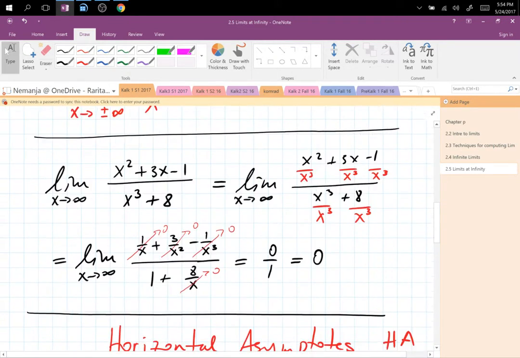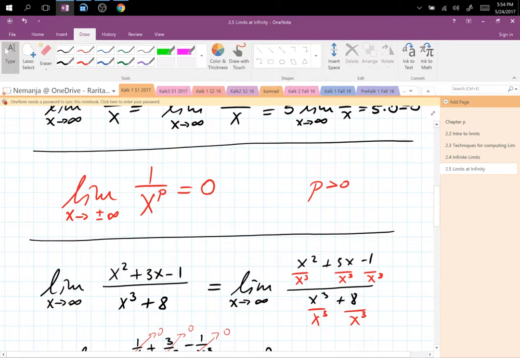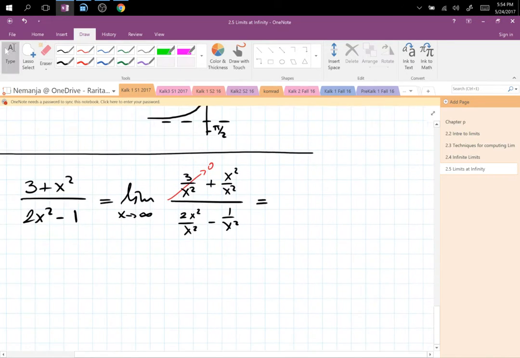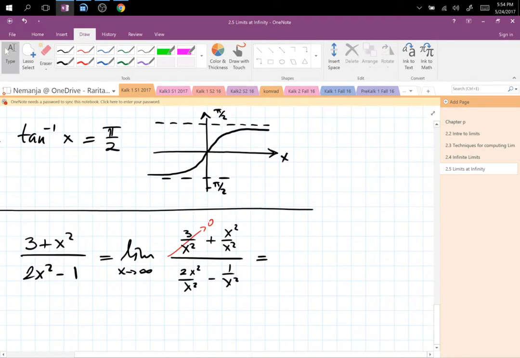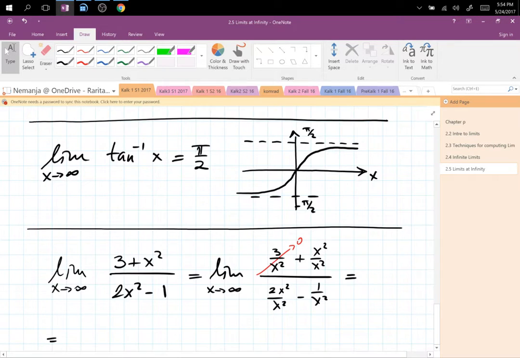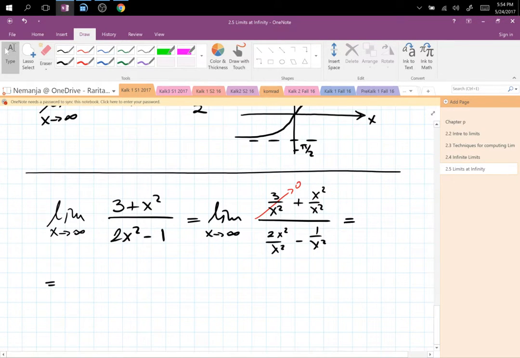This guy over here. 1 over x squared, 1 over x cubed, or whatever number over x to any power is always 0. So going back to our problem, that guy goes to 0. This guy goes to 0 as well by the same rule. That's your 1, and that's your 2. So boom, 1/2.